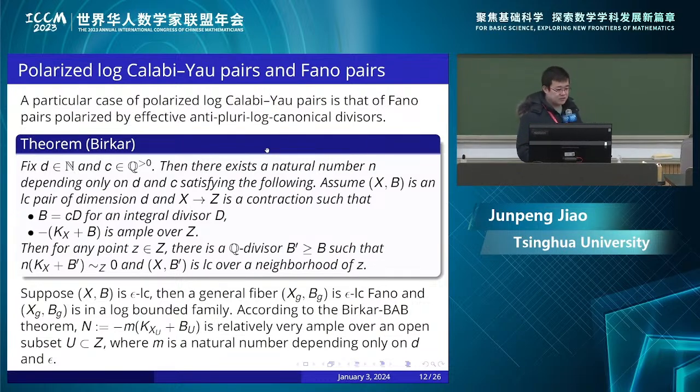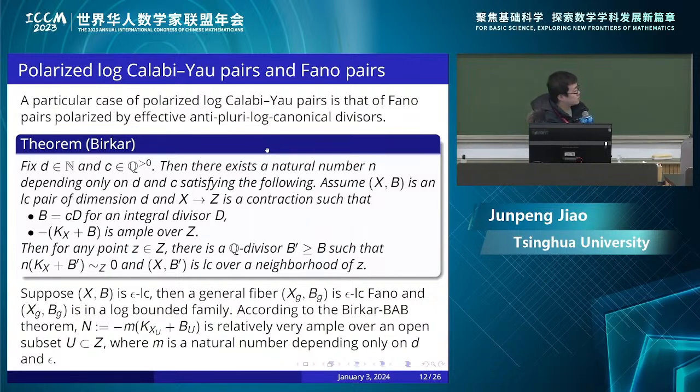Assume that (X, B) is an LC pair of dimension d and X to Z is a contraction, such that the coefficient of B is in the form cD for an integral divisor D, and K_X + B is anti-ample over Z. Then for any closed point on the base, there exists a Q-divisor B' greater than or equal to B, such that n(K_X + B') is linearly trivial over Z. And this (X, B') is LC over a neighborhood of z.